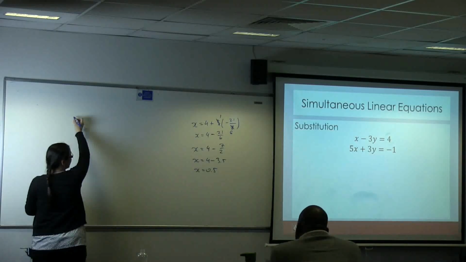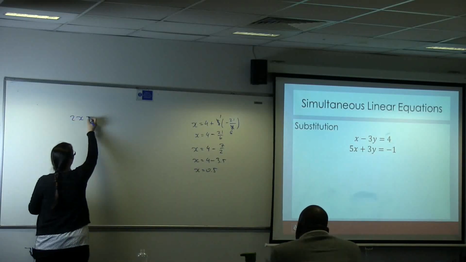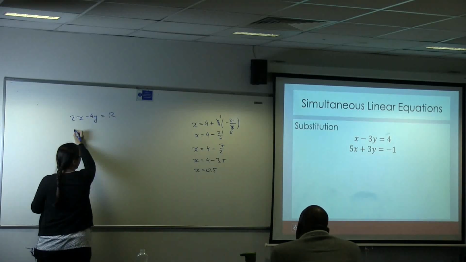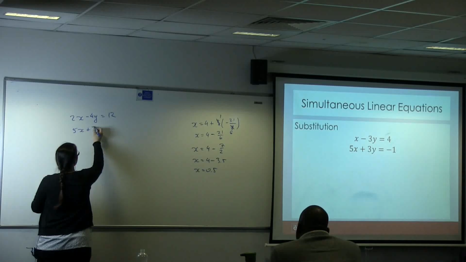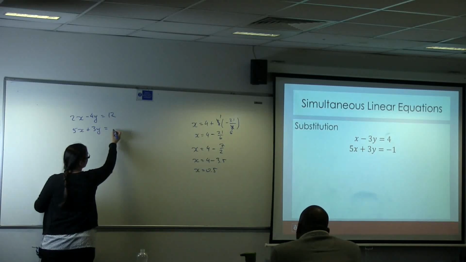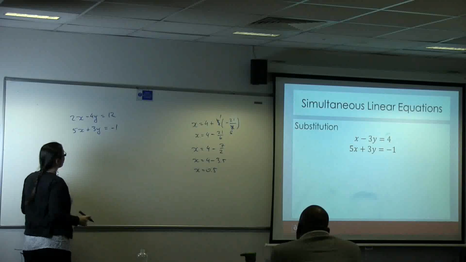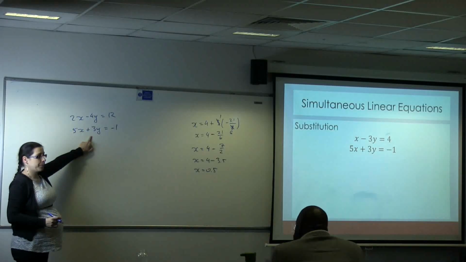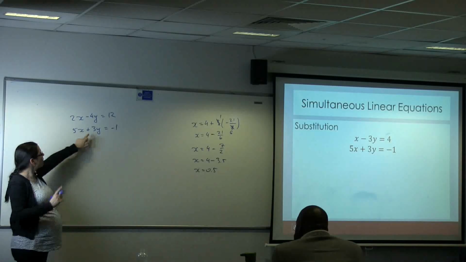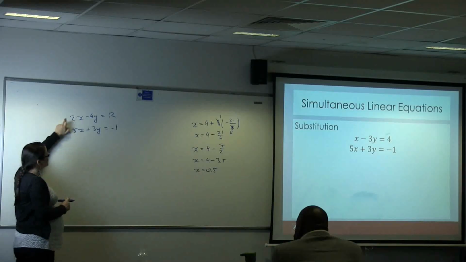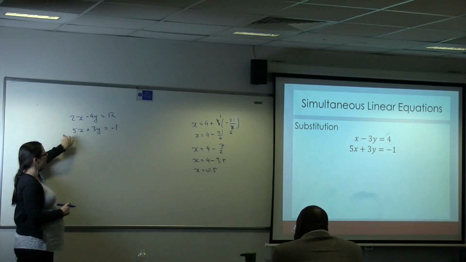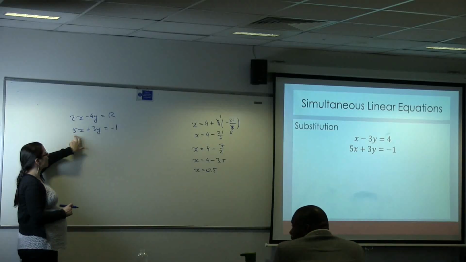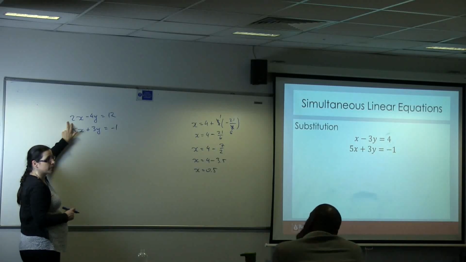So if I had something like 2x minus 4y equals 12, and 5x plus 3y equals minus 1, just keep that one. What I see here is that neither of them is the same. But if I multiply this equation by 5 and this equation by 2, I can make both of the x's being positive 10.